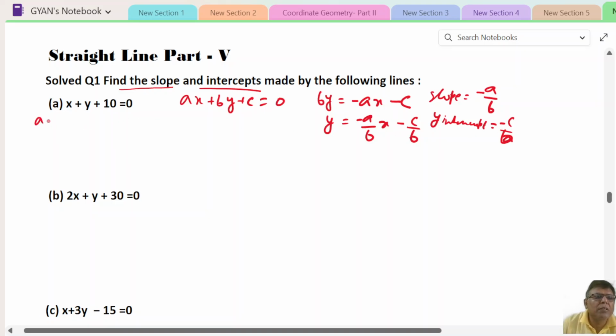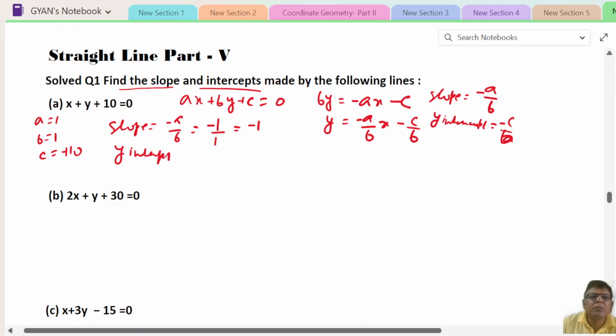So here a is equal to 1, b is equal to 1, c is equal to 10. Then slope will be minus a by b, so minus 1 by 1. So slope is minus 1. And y-intercept is minus c by b, so minus 10 by b.